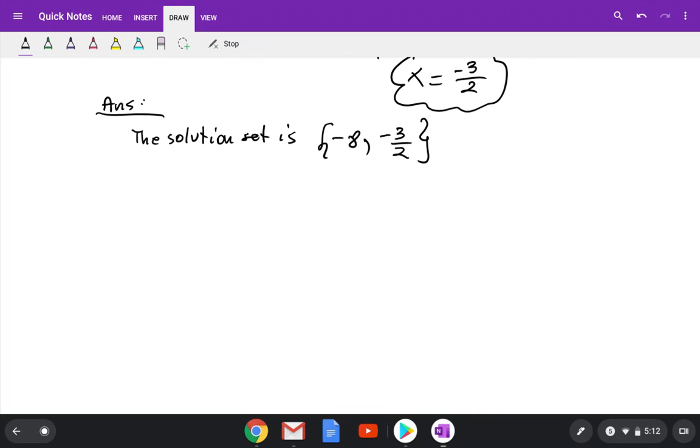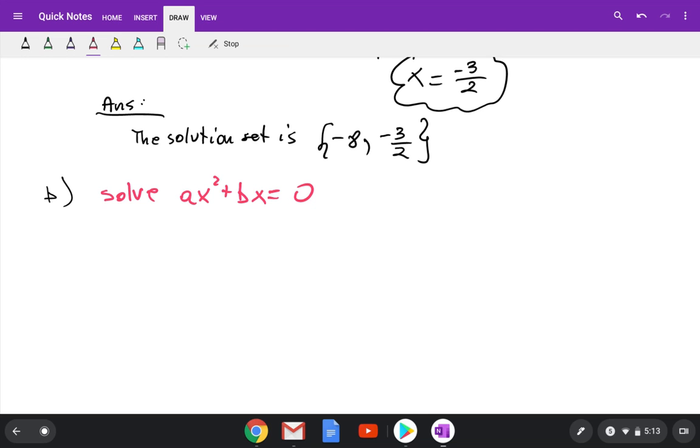Okay, next one, B. Okay, solve. So this is important. I'm giving you different types of quadratic equations. Solve the quadratic equation ax squared plus bx equals 0.